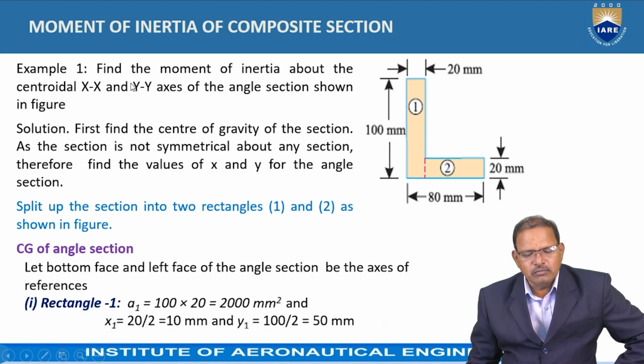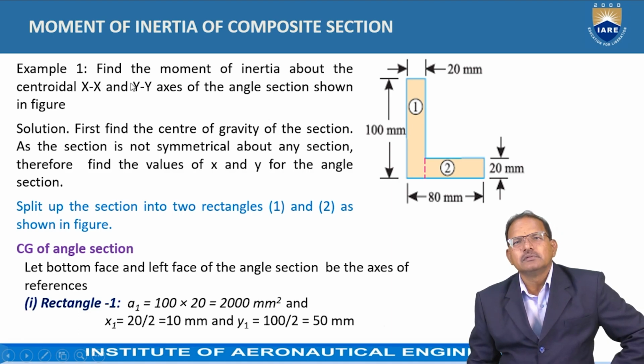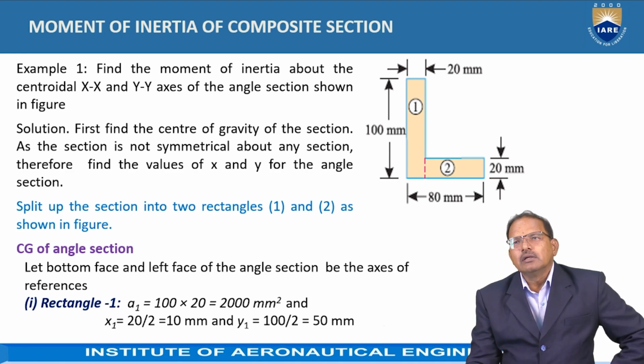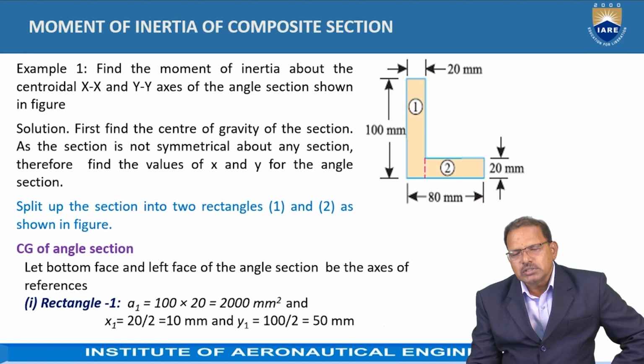Now let us find the moment of inertia of a composite section. Here the composite section is an L section. It consists of two rectangles, represented in the figure as 1 and 2. This L section is divided into two rectangles in such a way that we get only two, that is, the minimum number of regular figures.